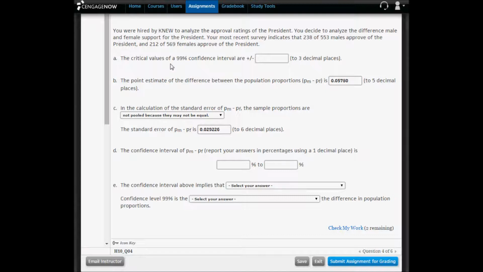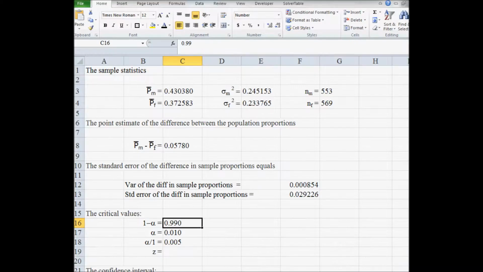The critical values for a 99% confidence interval, there's 2 of them, plus or minus. I'm going to copy this 99% into Excel, and then from there we're going to get the significance level. We're going to divide the significance by 2 and then find the critical values.